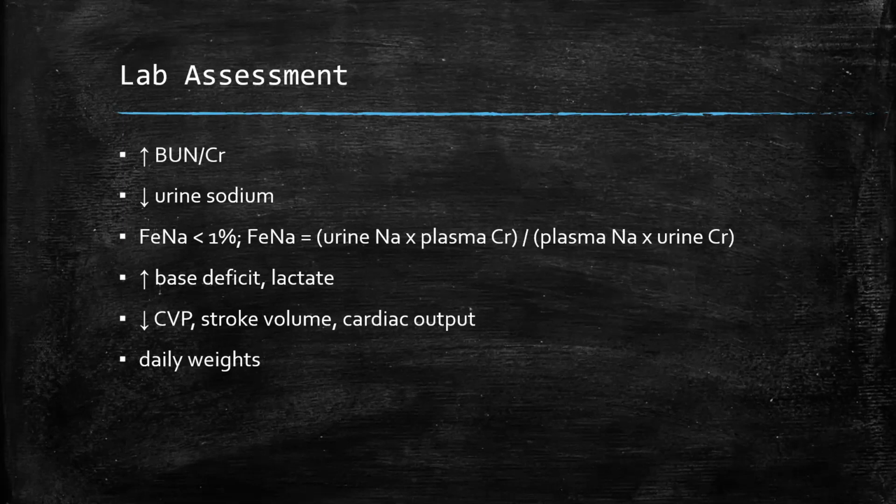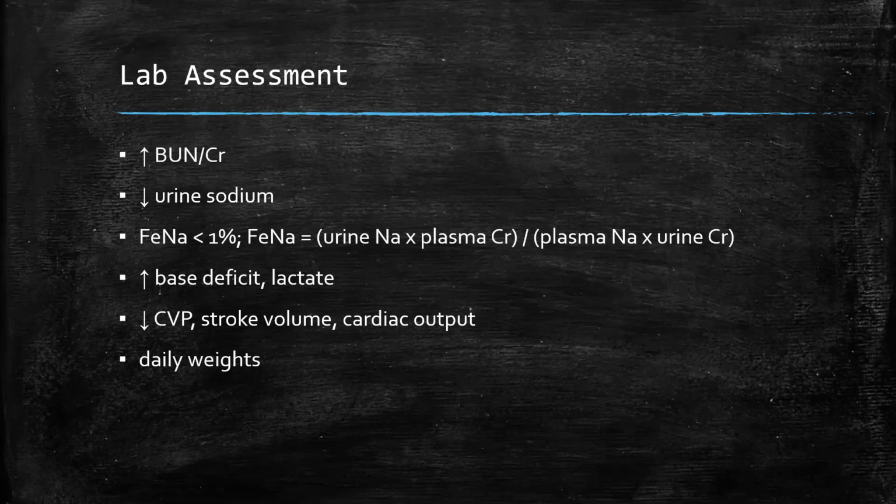Base deficit and lactate level can go along to help us out a little bit. We don't have invasive monitoring very often in our patients anymore, but a low CVP or a low cardiac output obviously would be useful information if we had it. And one very useful thing in the ICU is daily weights.